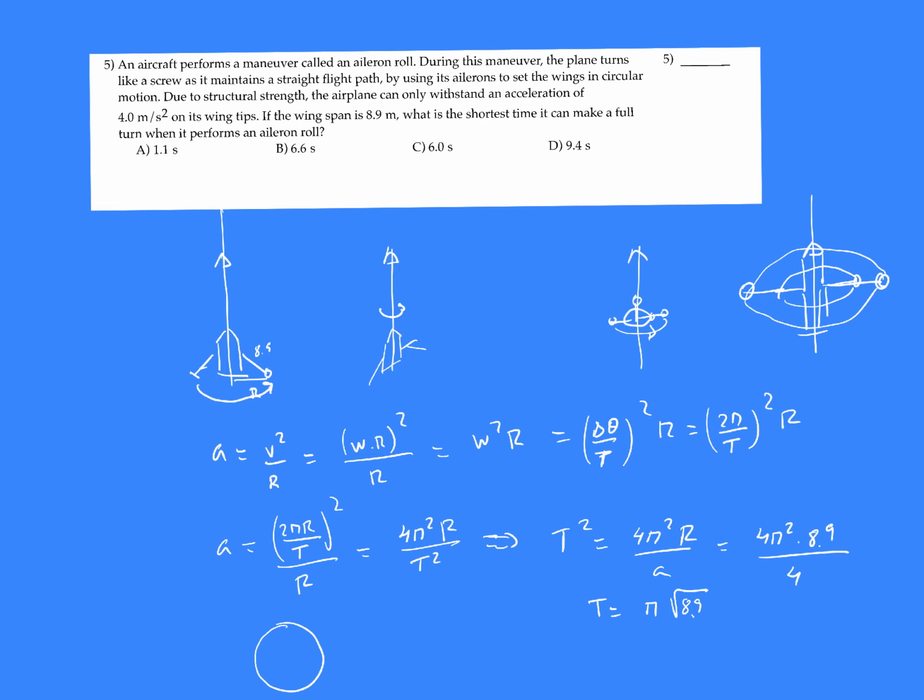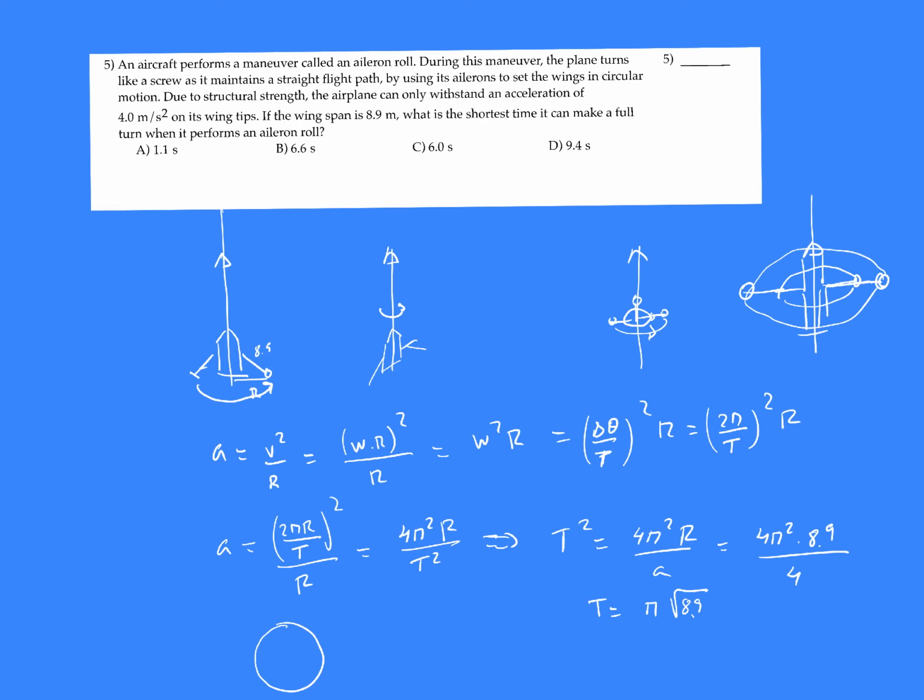So the radius of the wing is 8.9 meters, and every point will make a circular motion around this axis.